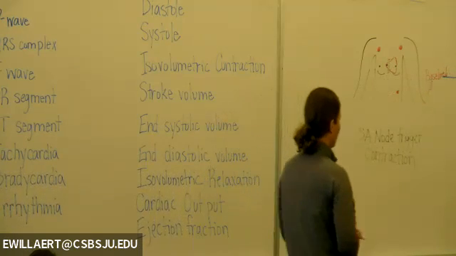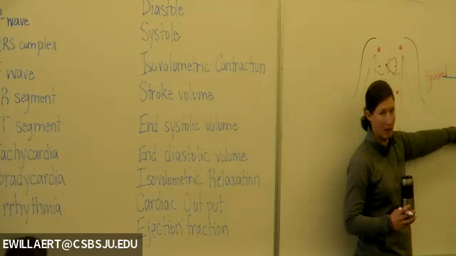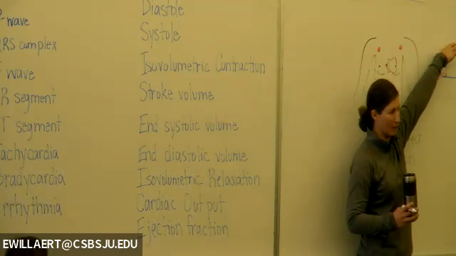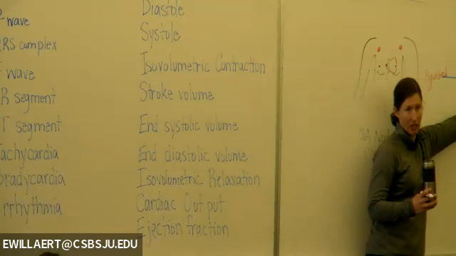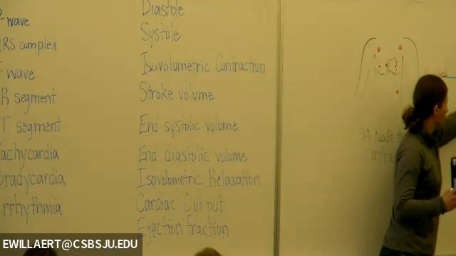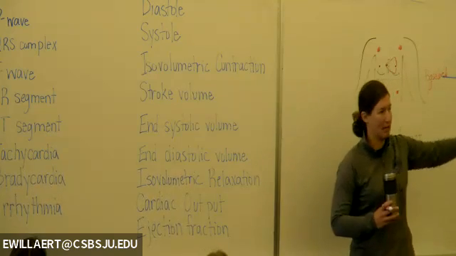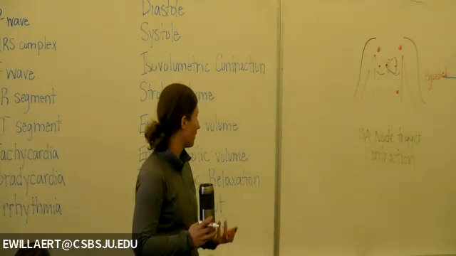Okay? So we see that there's a positive deviation when we're looking at the P wave. It went away from zero in the positive direction. We see a little negative deviation at our Q, went below baseline, up, down, and all we're looking at is where is it positive and where is it negative compared to the rest of the cycle.